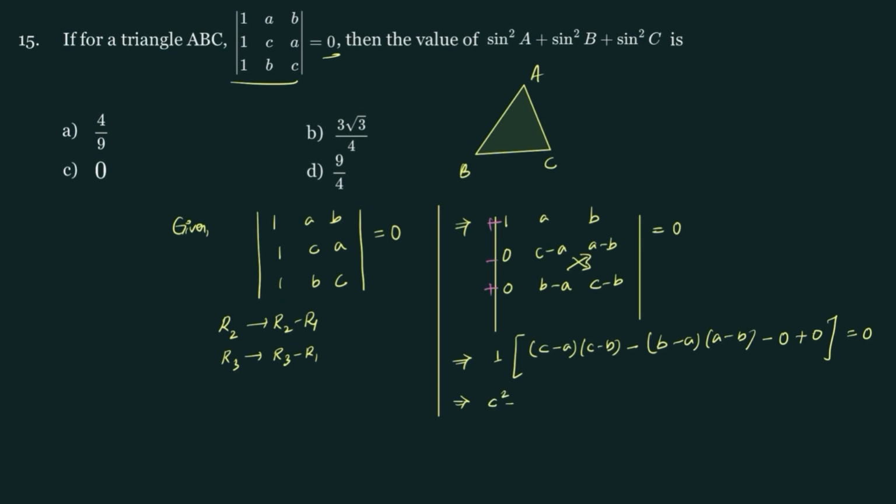On simplifying we will get a square plus b square plus c square minus ab minus bc minus ca equals 0.